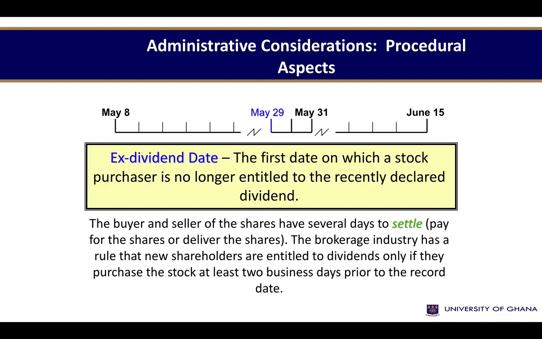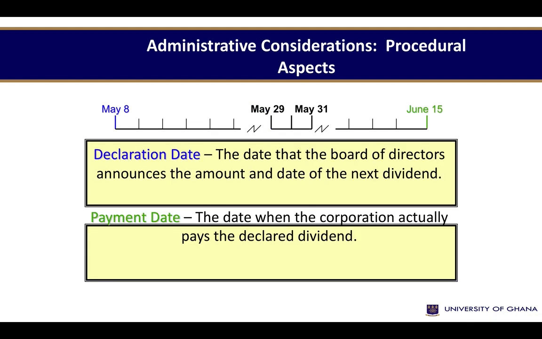So the brokerage industry has a rule that new shareholders are entitled to dividends only if they purchase the stock at least 2 business days prior to the record date, because that's the time it will take to process and make you an official shareholder. So that becomes the ex-dividend date, meaning that after that, you're no longer qualified to receive the dividends.